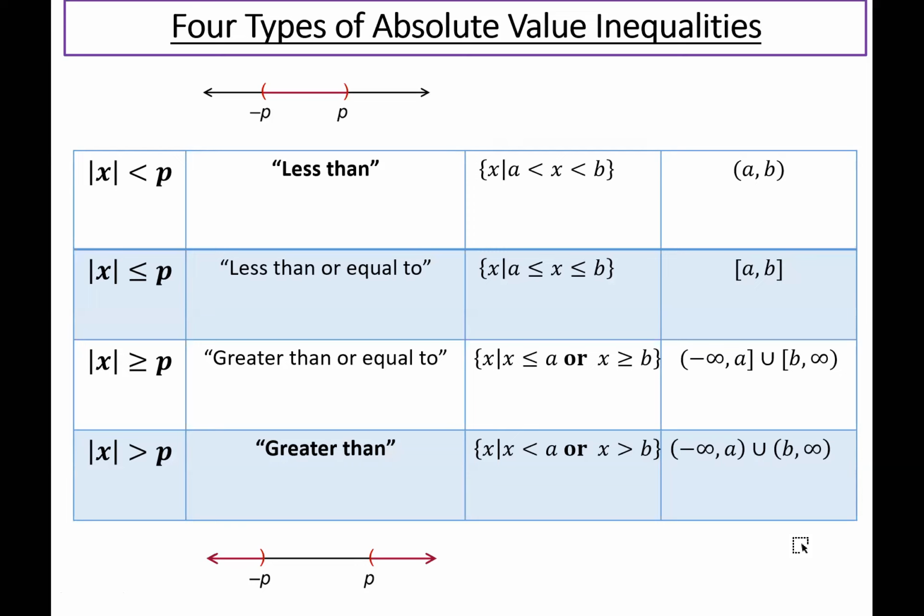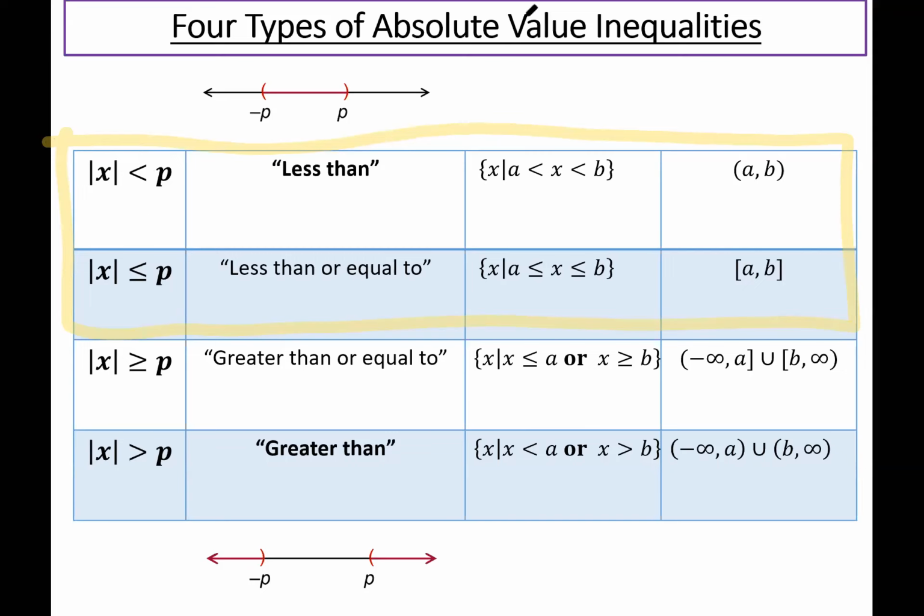Okay, so here are the 4 different types we will see. In a way, there's kind of 2 types actually. So let me highlight that for you. When you have absolute value less than or equal to a number, think about it as your distance is less than something.